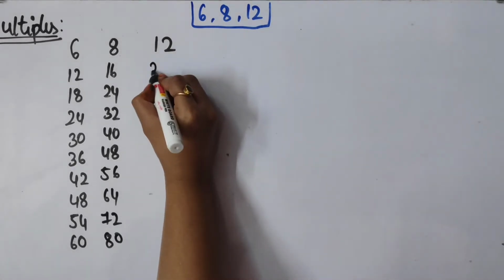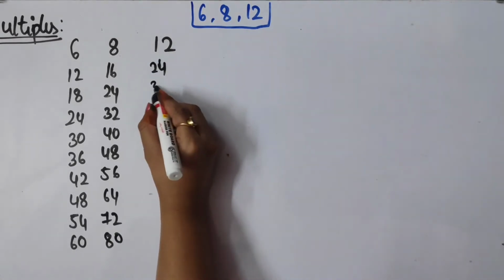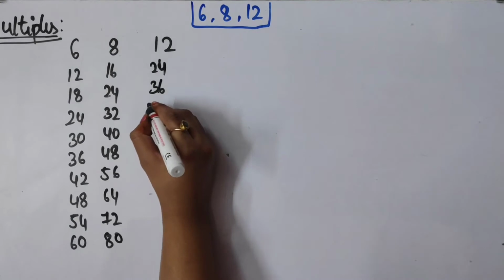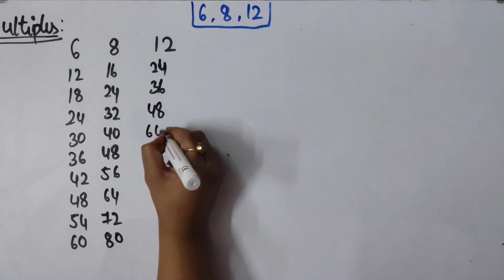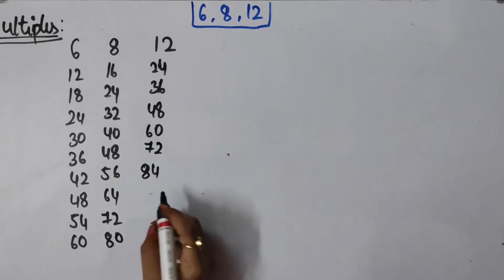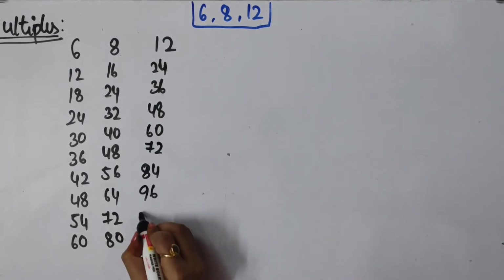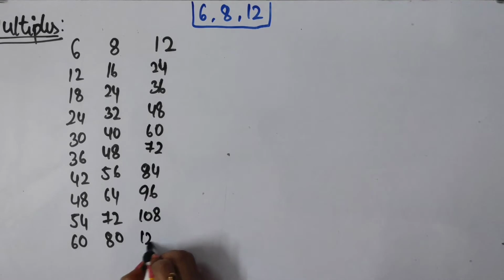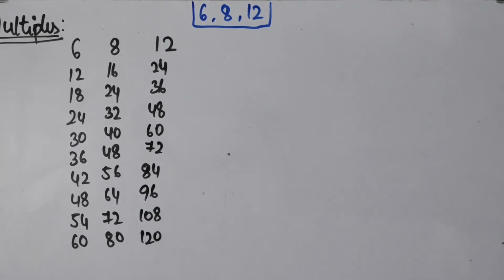For 12: 24, 36, 48, 60, 72, 84, 96, 108, 120.